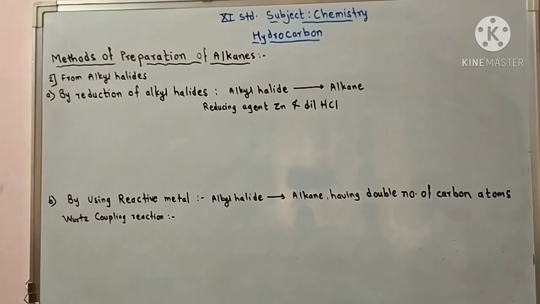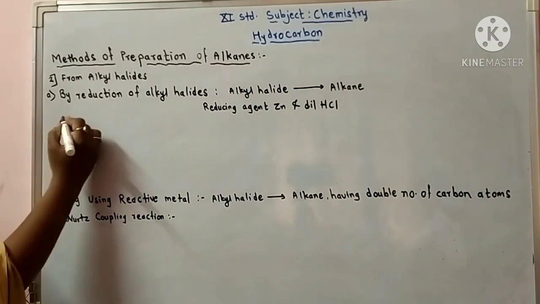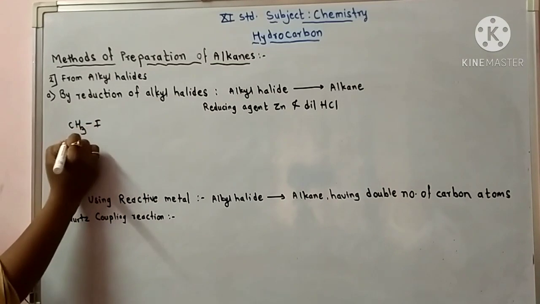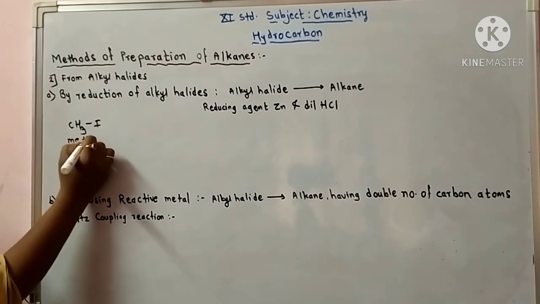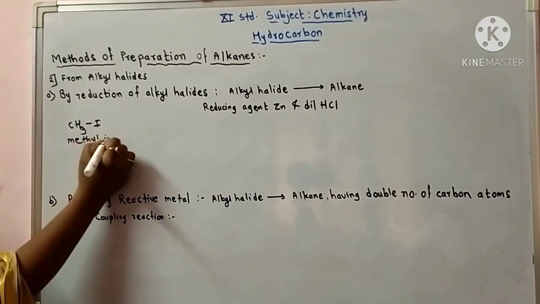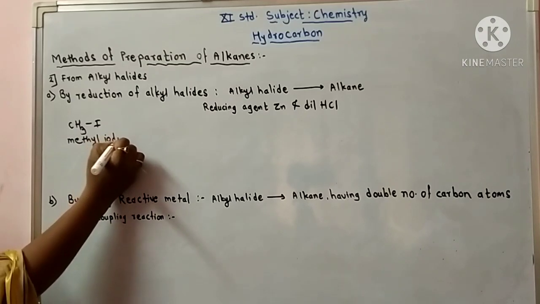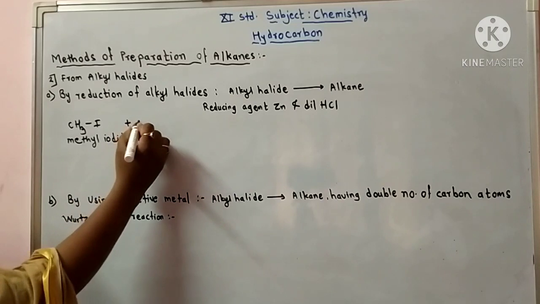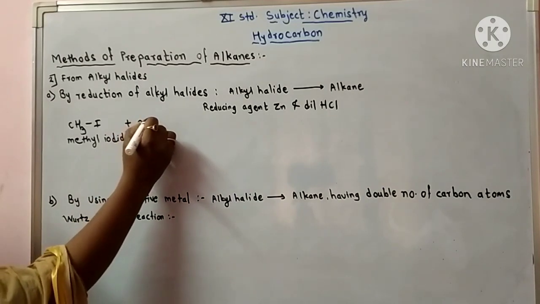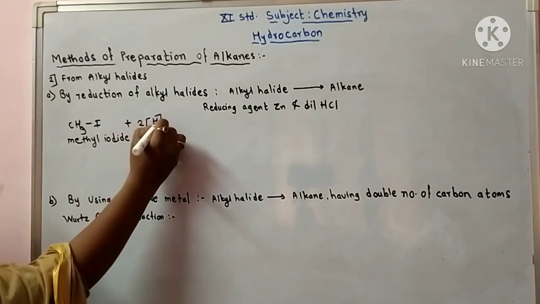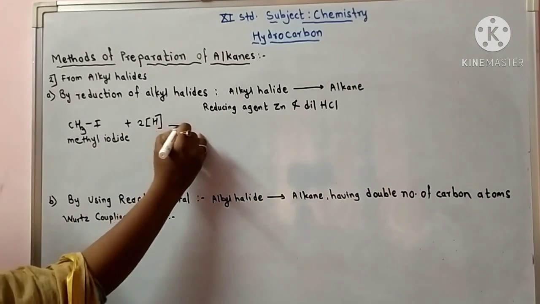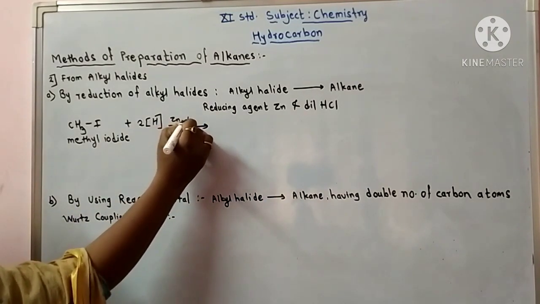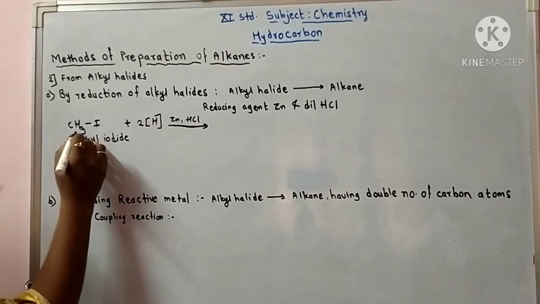So let's see one example. Methyl iodide, this alkyl halide, on treatment with the nascent hydrogen, which is obtained from the reaction of zinc and dilute hydrochloric acid, gets converted to alkane.